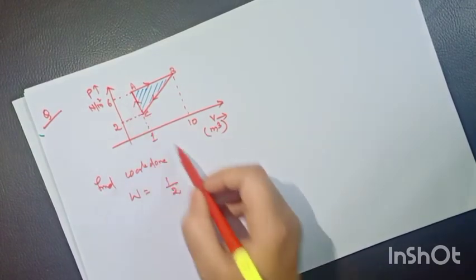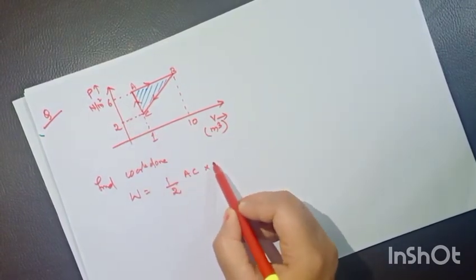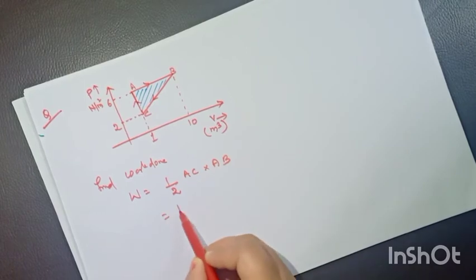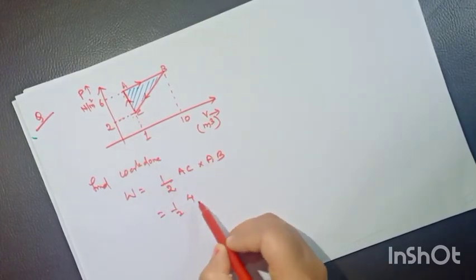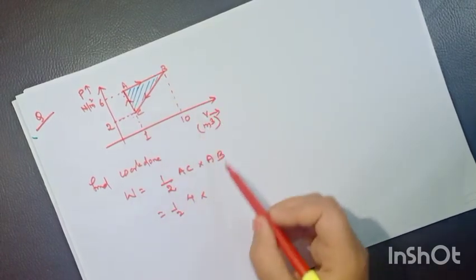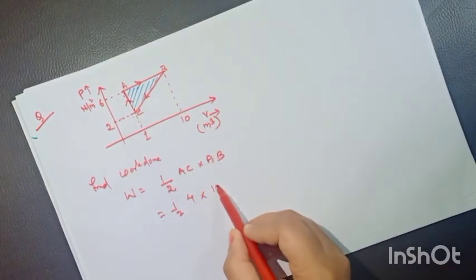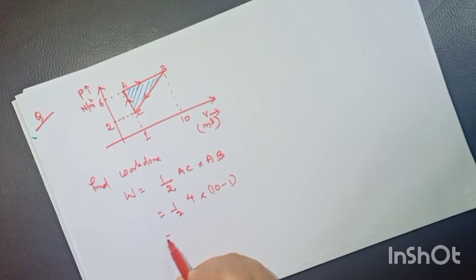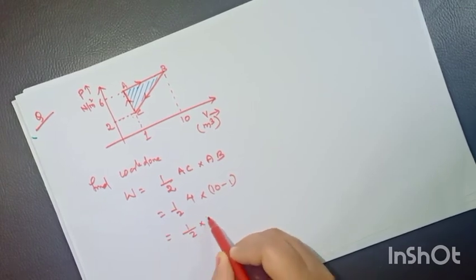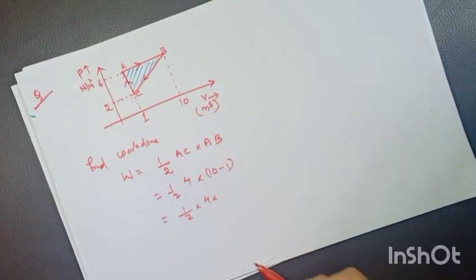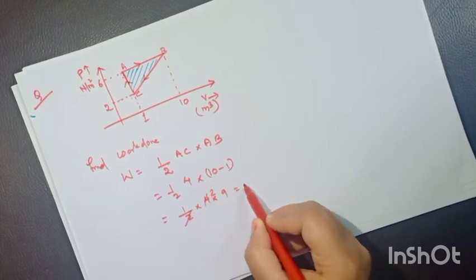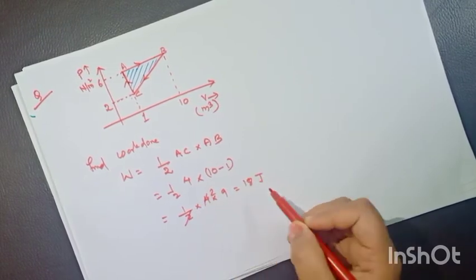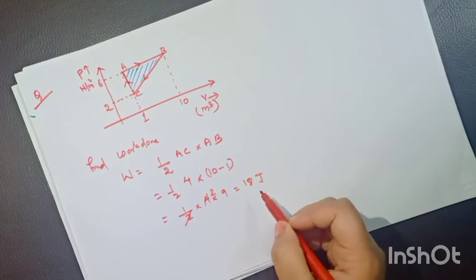Let me take the base to be AC and height to be AB. So half AC is 6 minus 2, that is 4, and height AB is 10 minus 1, 9. So the area of the graph will be 18, and this is the work done during the cyclic process.